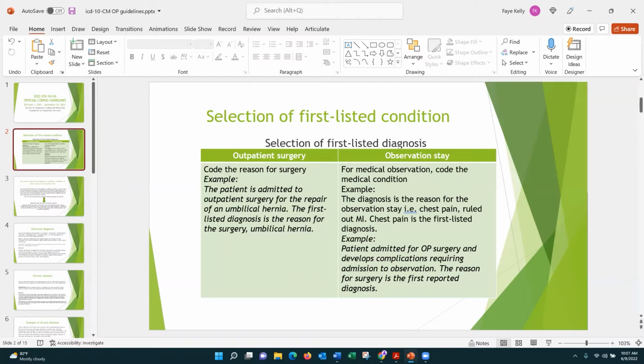So you want to remember that. And a lot of that applies when you're coding neoplasms and obstetrics, but those are chapter specific, okay?